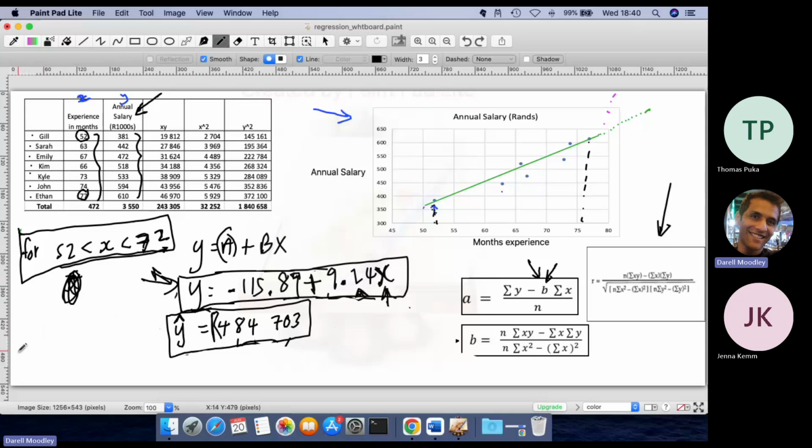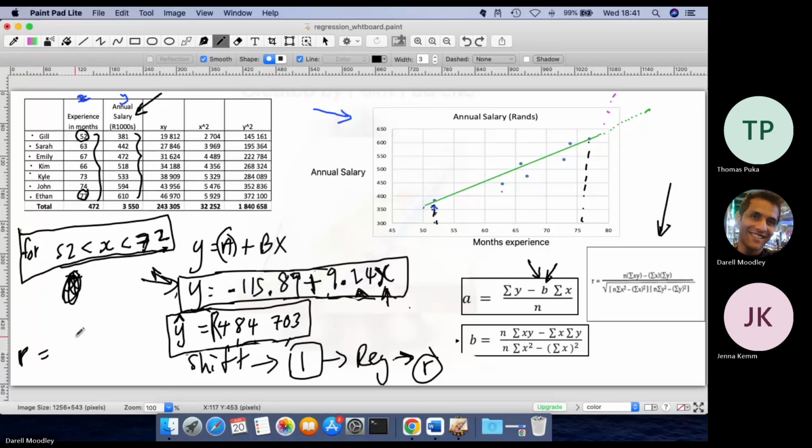To get the R, the correlation value, you're going to press Shift, then press 1, then select REG, and then you will see the symbol R there. Select that, and it equals 2. And the value you should get is 0.9497, rounded.